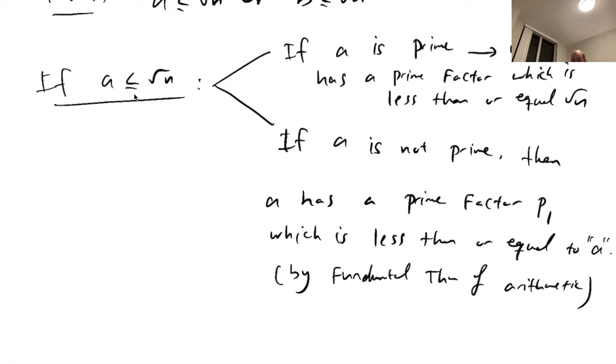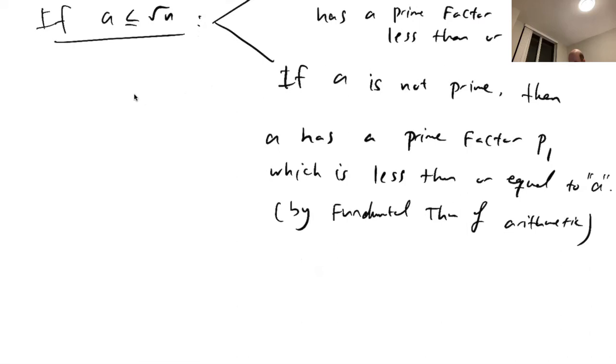The fundamental theorem of arithmetic says if a number is not prime, then it has a prime factor. Every number is either prime or can be written as a product of primes. So if A is not prime, then it has a prime factor. I call it P1. Of course, P1 is less than or equal to A, right? Because if you have a factor of another number, with everything positive, the factor is always less than or equal to the original number.